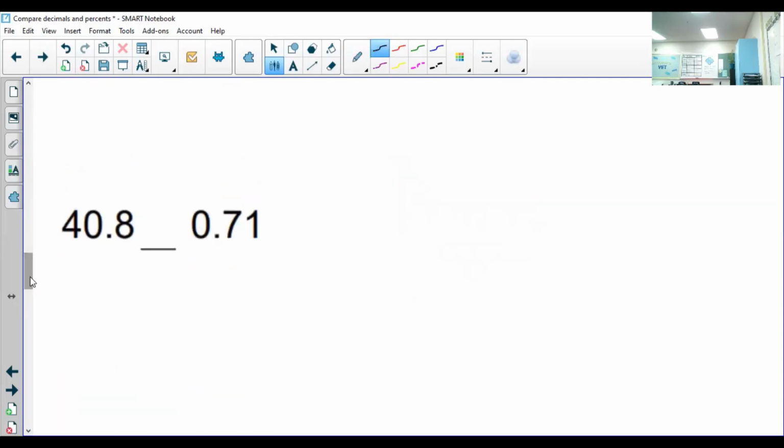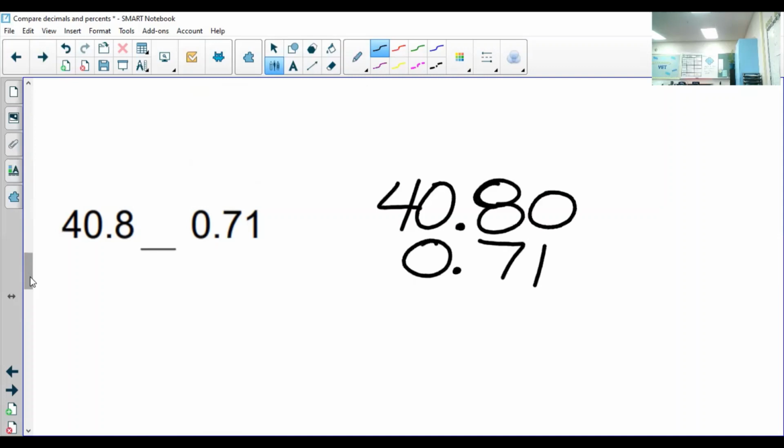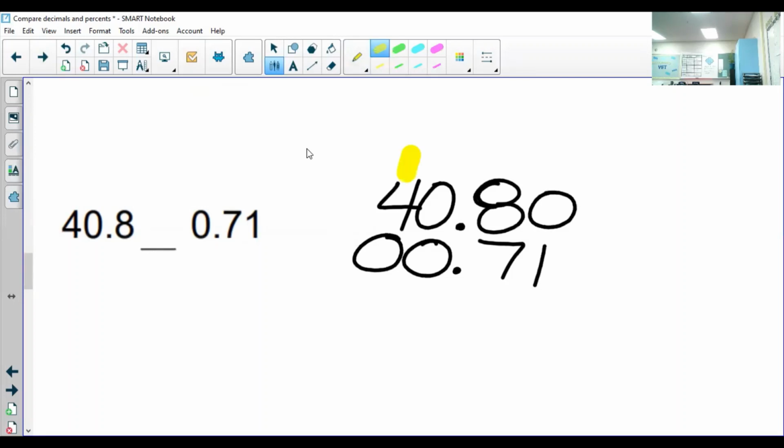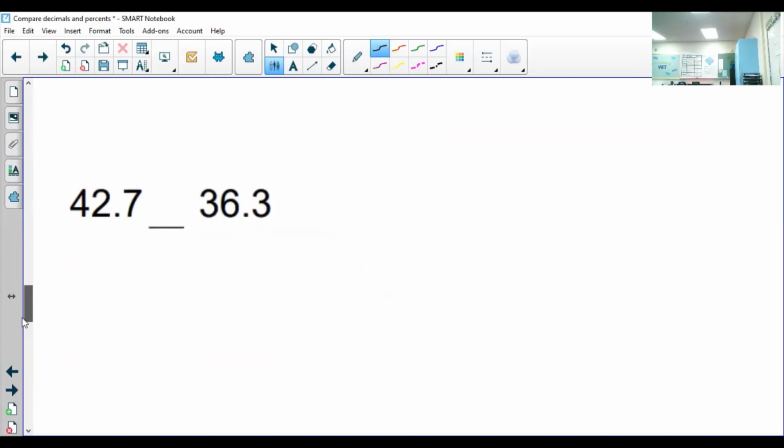Here's another one, 40 and 8/10 and 71/100. I'm going to fill in my 2 zeros and let's take a look. Well, I've got a 4 and a 0 here in this first column of numbers. So what's bigger, 4 or 0? We know 4 is bigger, so we're going to use the greater than symbol.